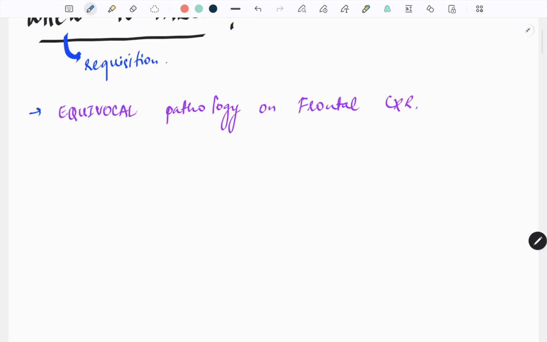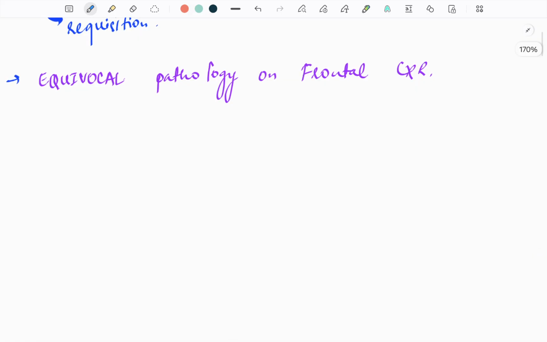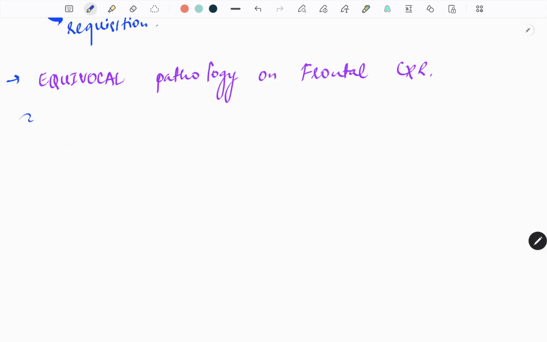What does it mean? That we are not fully sure, it cannot be confirmed. Okay? We need one more view. We need to confirm that pathology we are suspecting on a frontal chest x-ray.